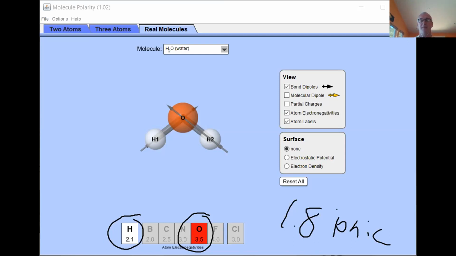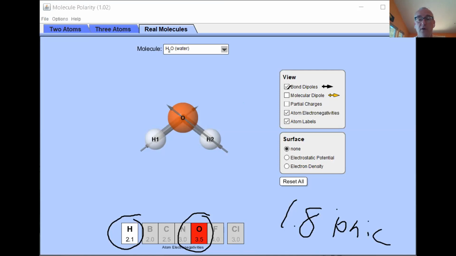But they're both pointing towards oxygen. And because water is bent, and we'll learn why that is, they're both pointing up. Somewhat. They're not pointing directly up, but they're both pointing up.